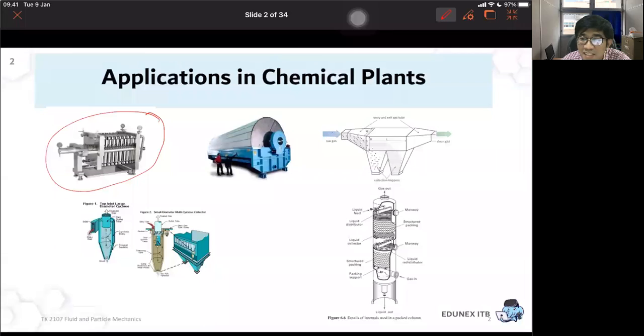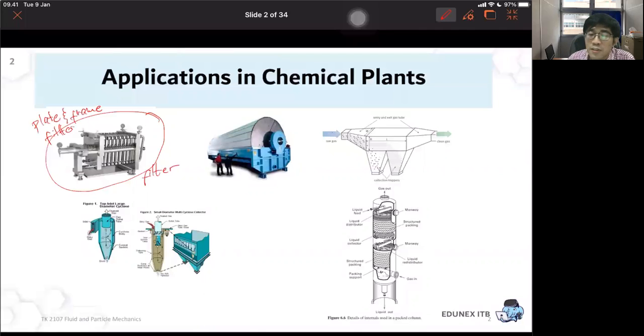I don't know, sir. Can anyone guess what this is? This is a filter, or the complete name is plate and frame filter. From the name, I think you can guess the function of the device, right?